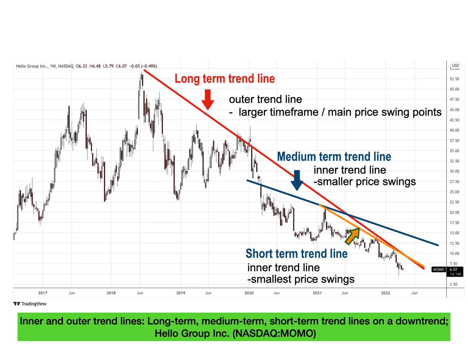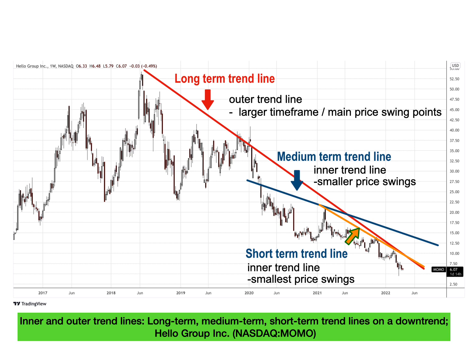This is the price chart of Hello Group Inc. from the Nasdaq. This shows the inner and outer trend lines, which correspond to the long-term, medium-term, and short-term trend lines. The price is currently on a downtrend. The outer trend line is the long-term trend line, shown here with the red line.